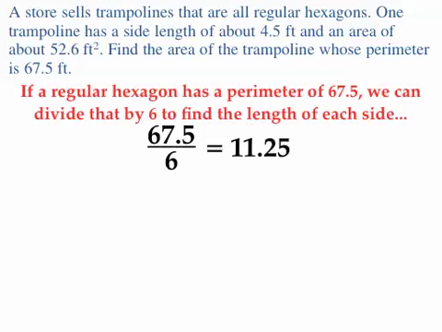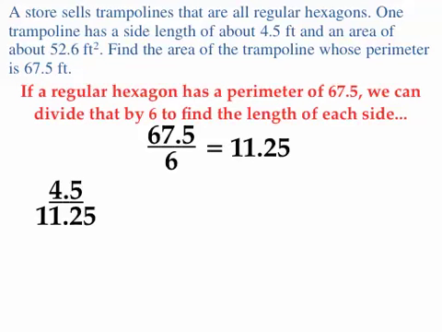Now I can set up a ratio of side lengths. One trampoline has a side length of 4.5. My second trampoline has a side length of 11.25. Now that I have the ratio of the side lengths, I need to change that to be the ratio of the areas.